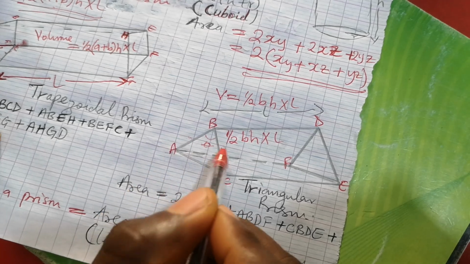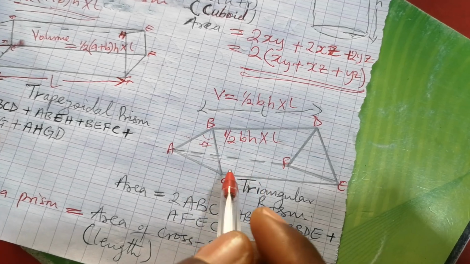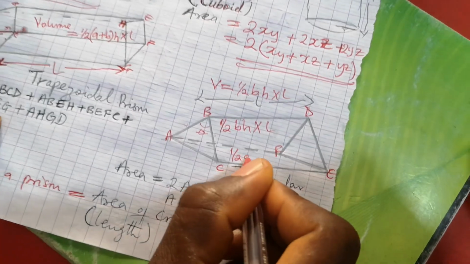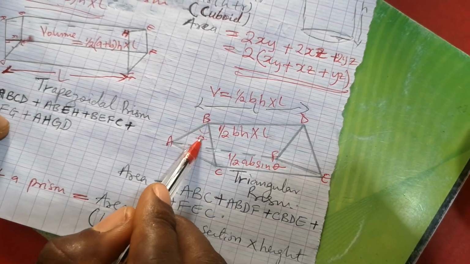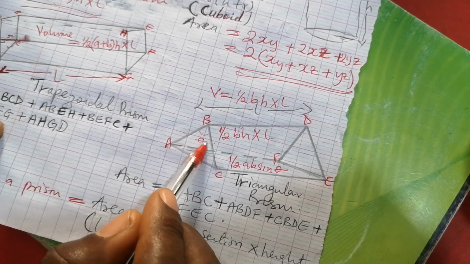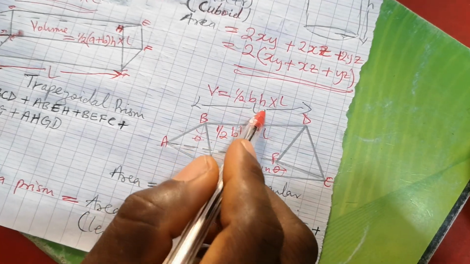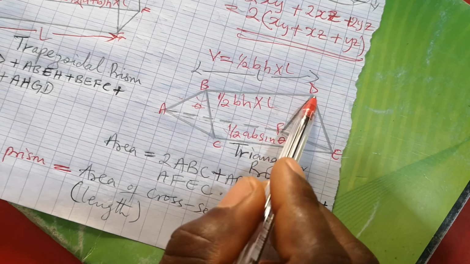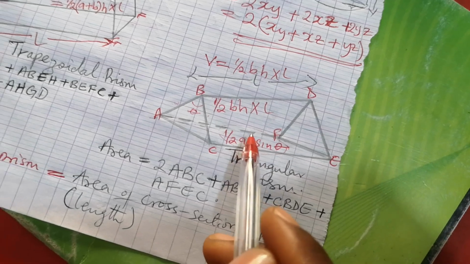When they give you the angle theta and the sides that form the angle, you should use the other formula for the area of a triangle, which is half AB sine theta, in place of half base times height. The main thing is to find the area of the cross section and multiply it by the height or the length, and that will give you the volume of the prism.